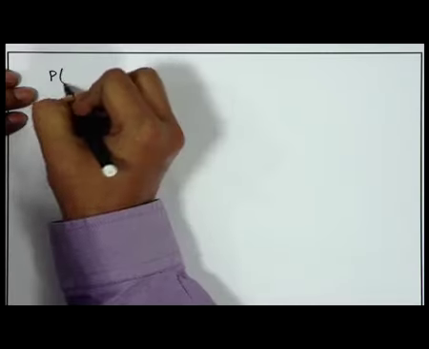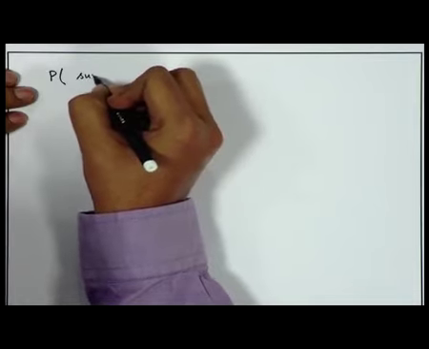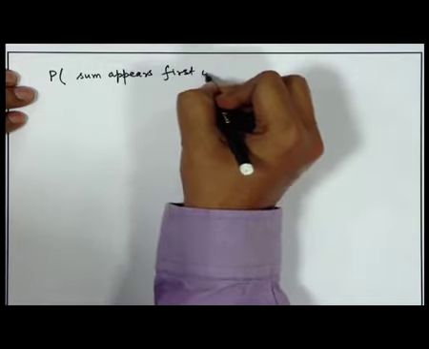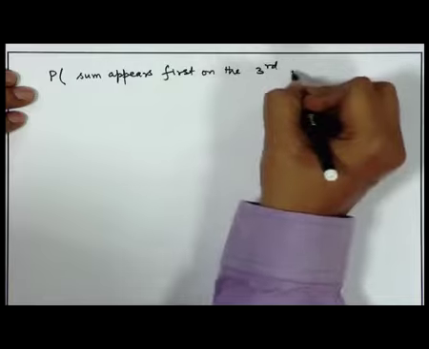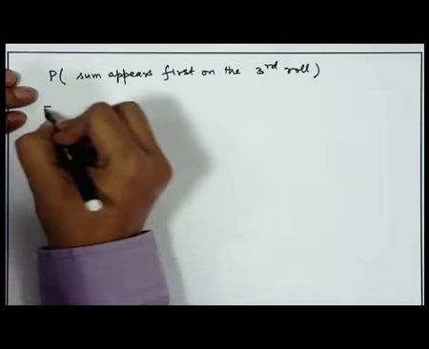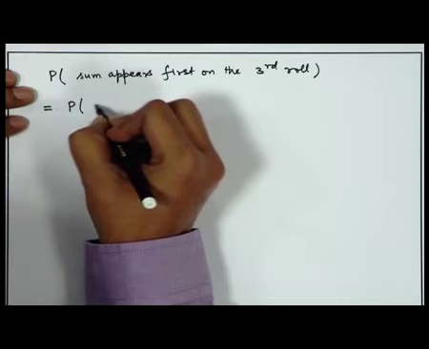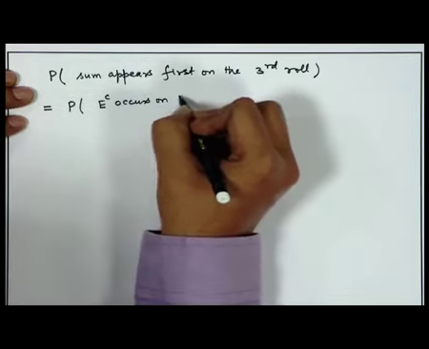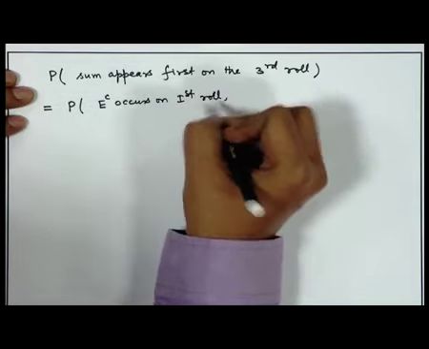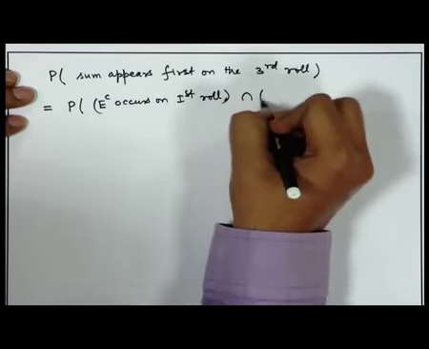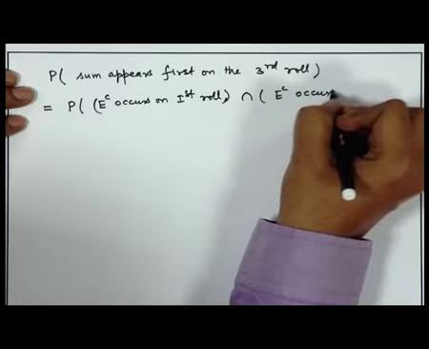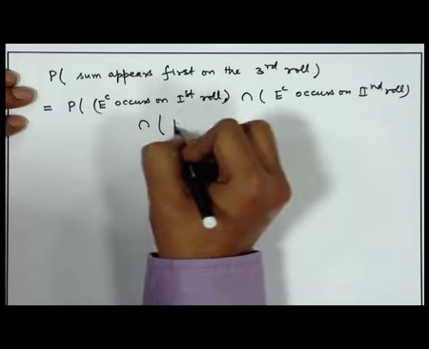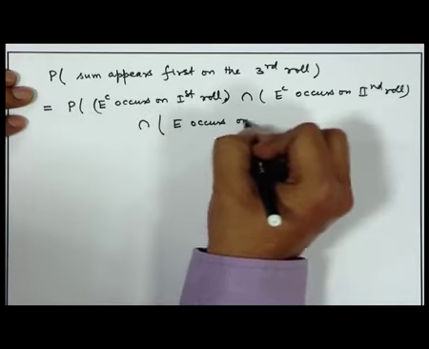So, probability of the sum appearing first on the third roll is equal to: E complement occurs on first roll, intersection E complement occurs on second roll, intersection E occurs on third roll.